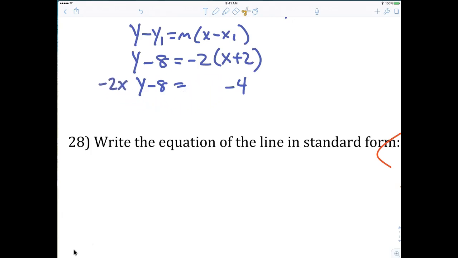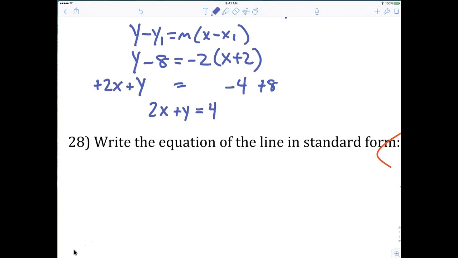I'm pulling the negative 2x to the left. When I do that, the negative becomes a positive. Now I'm taking the negative 8 and moving it to the right, so that becomes a positive. Everybody happy with that? So now I have 2x plus y equals 4.